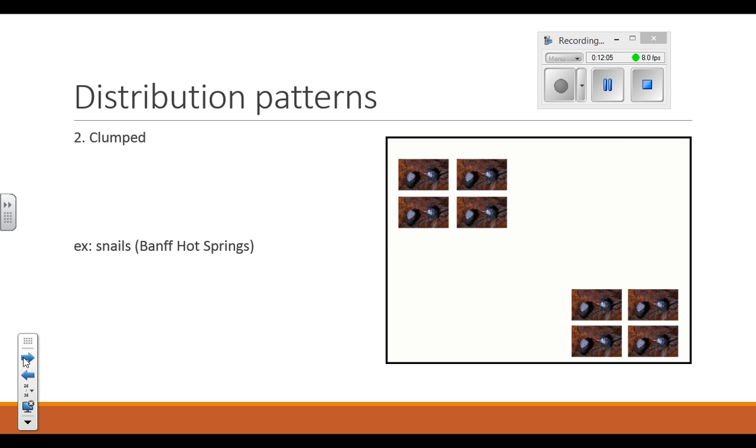The second distribution pattern is clumped, and this one is the most common. If there was a distribution pattern question and you were left to guessing as your answer, guess this one. This is probably how organisms are distributed. It's how people are distributed. If you look at, they have these nice maps of Canada where they'll put like lights or something on the picture to show where people live.